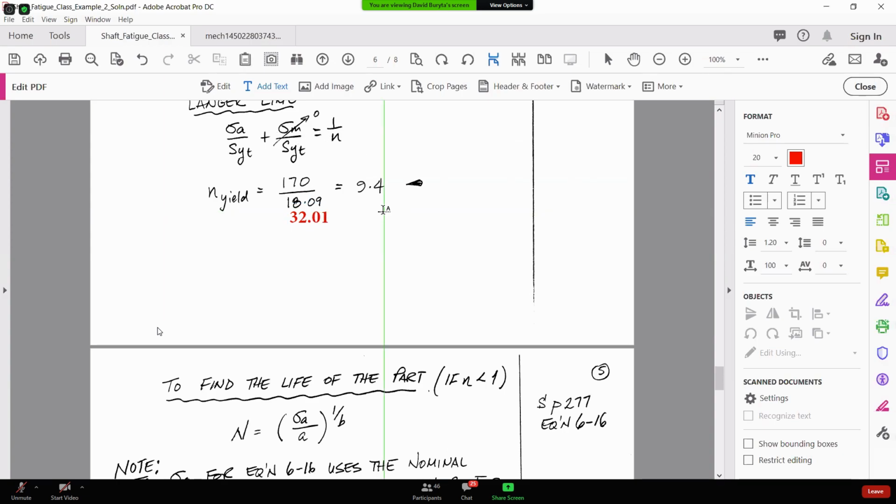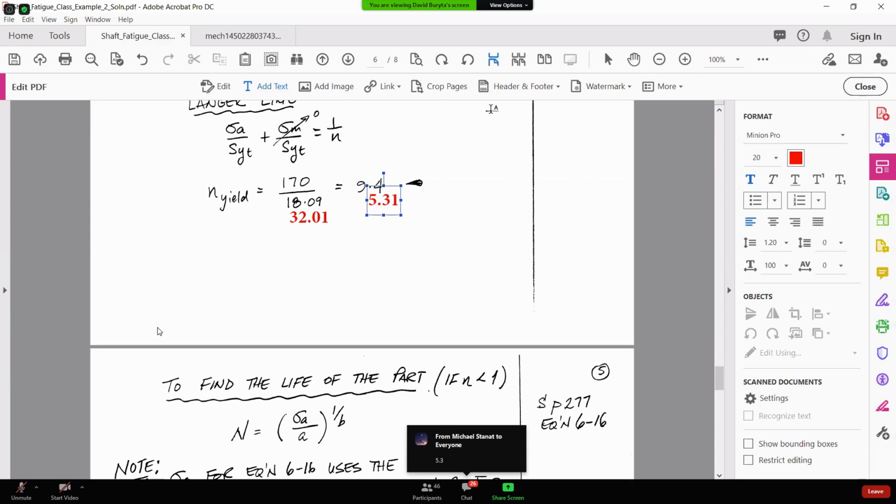If you do that, what do you get for the factor of safety here? 170 divided by 32.01. Anybody? I got 5.31. Okay, so it's substantially different.